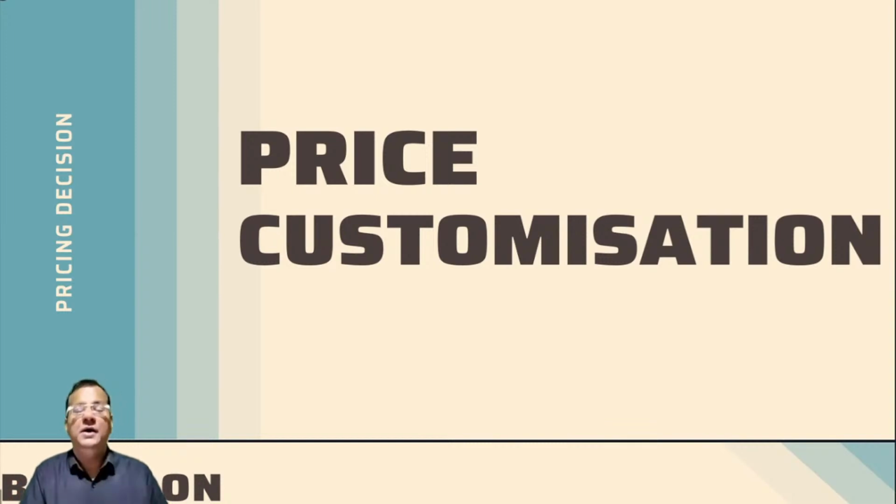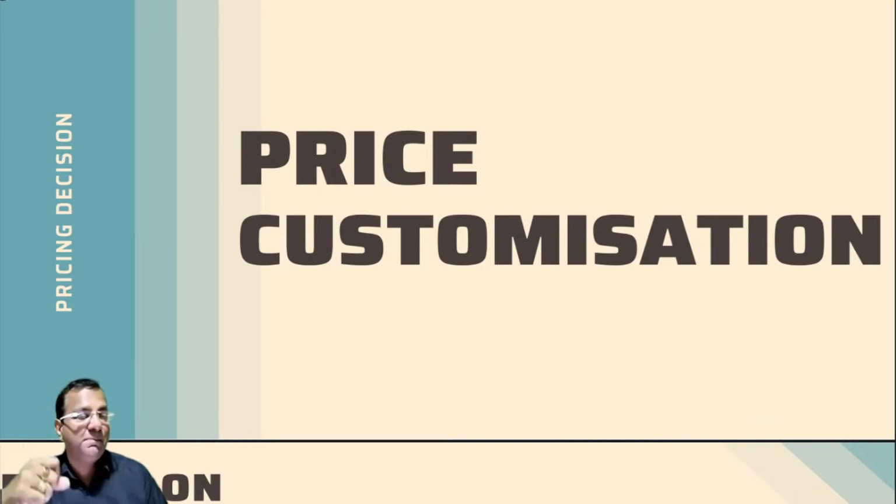Now let's start a new topic. Please write down in your copy, beta, give the heading price discrimination. Can you please tell me, beta, in today's competitive world, whether price discrimination is possible?